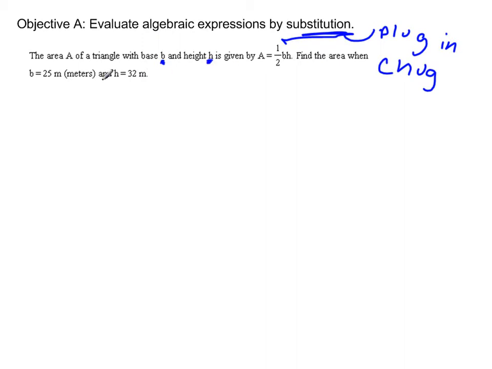Find the area when B is a set value and h is a set value. What we're concerned with here is just plugging in the values they told us to. We know B is 25 meters, and it's really not all that important to us about the units just yet. Then they also tell us height is 32.